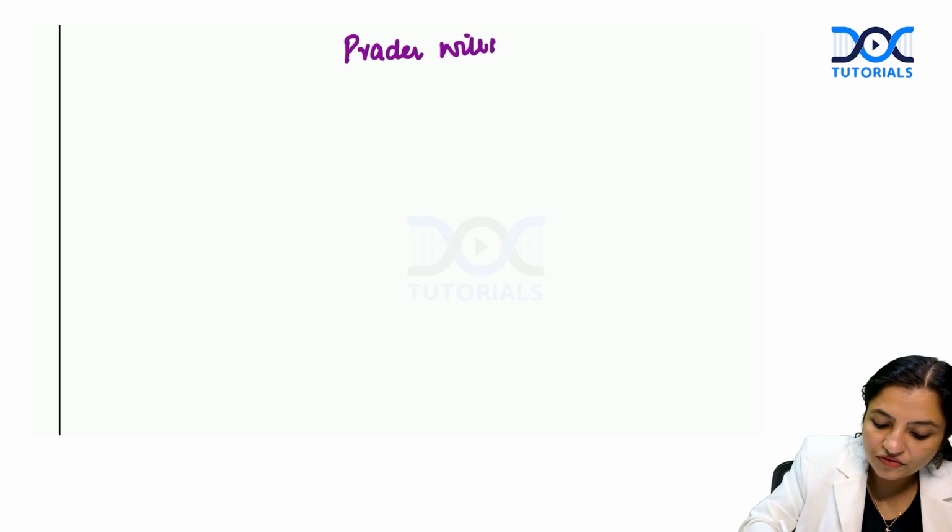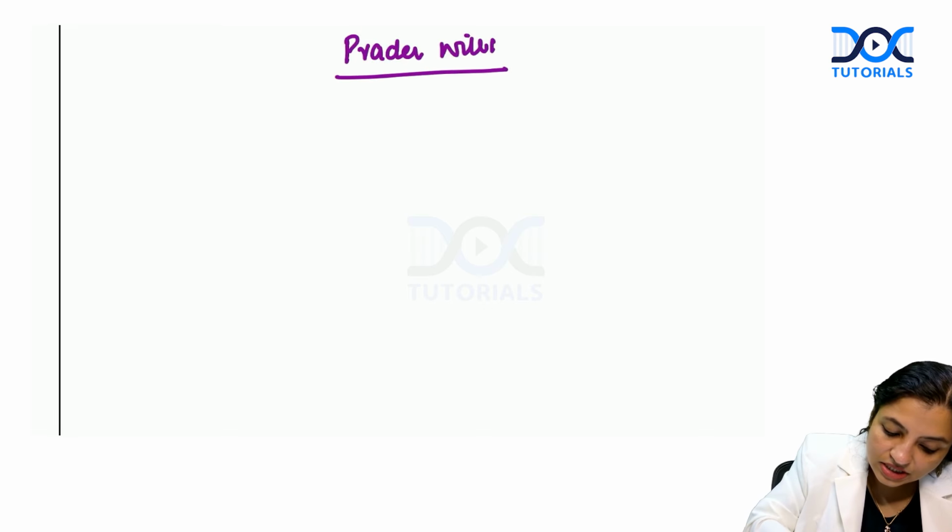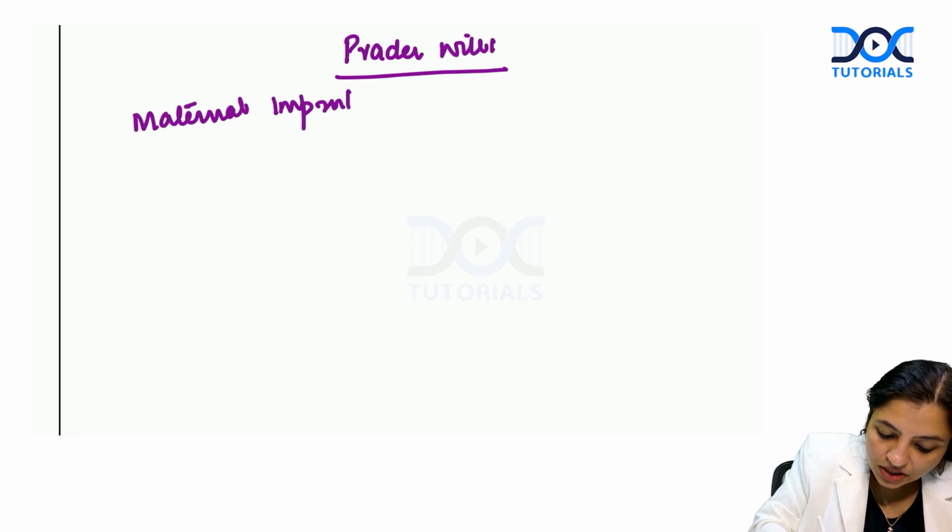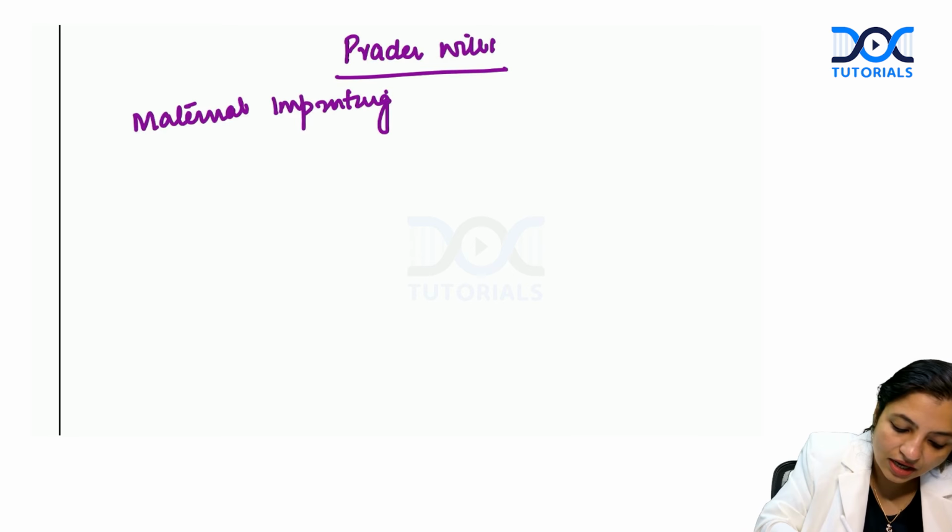When will you get Prader-Willi syndrome? First, you will get it when there is maternal imprinting and paternal deletion. Deletion where?